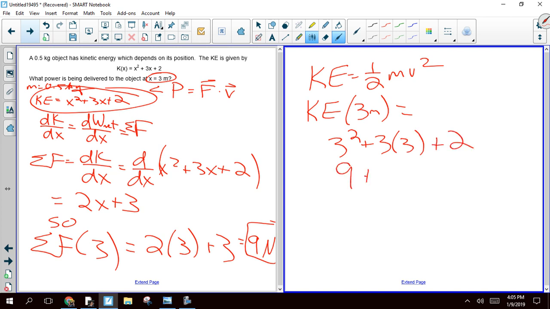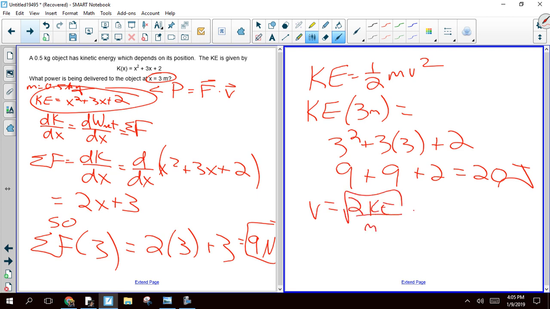So 9 plus 9 plus 2, that's 20 joules. So then I can find my velocity. What's the mass? 0.5? So the square root of 80. I don't know exactly what that is. It's right in the neighborhood of 9 meters a second, a little bit less, so we're going to just call it that.